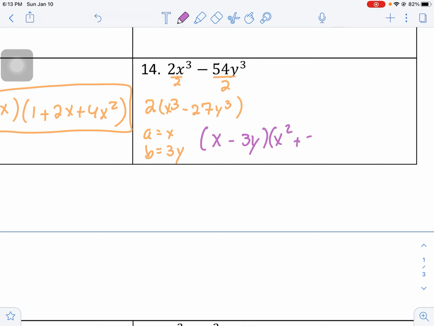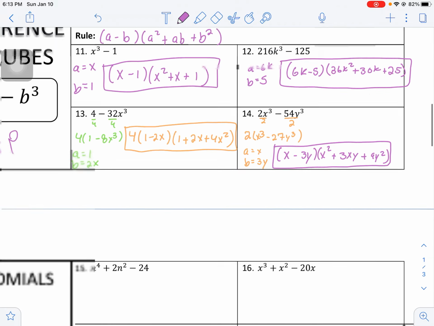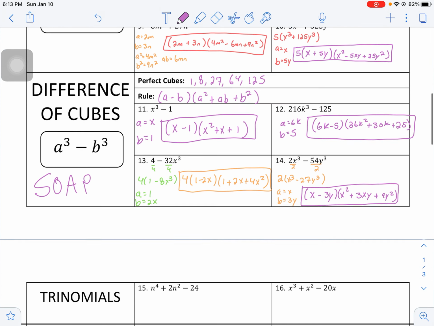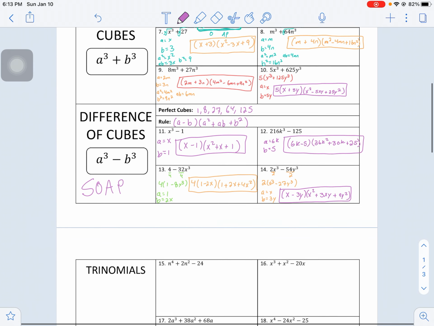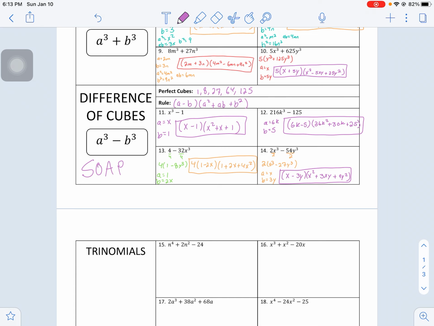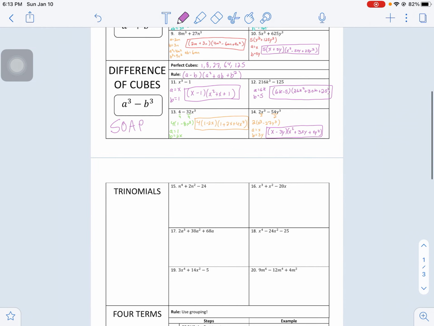A squared would be x squared plus ab is 3xy. Always positive, so plus b squared, which would be 9y squared. And there's your answer. Okay, so again, difference of cubes, that's just going to have to be a memorized rule. Okay, and if you memorize SOAP, that should be good enough because after that, all the variables follow the same. It's a squared, ab, b squared every time.